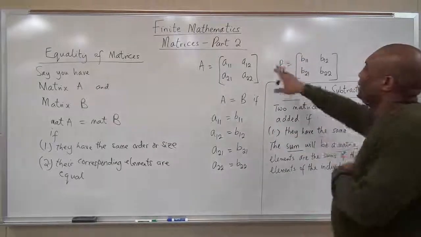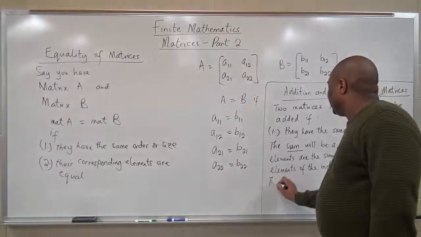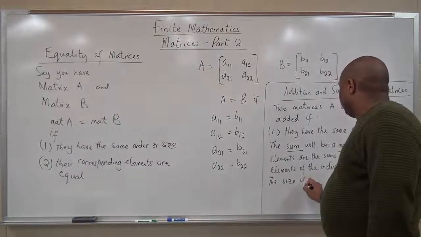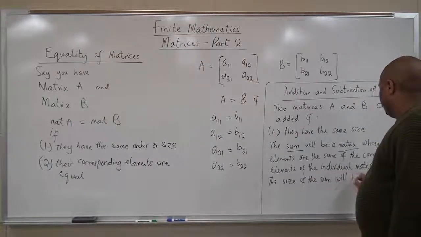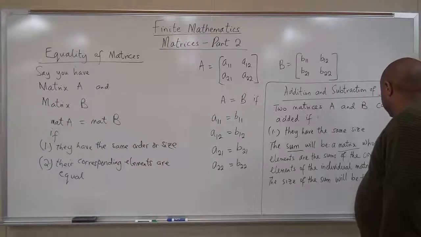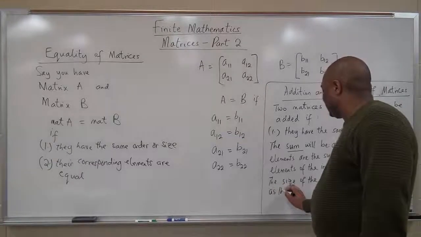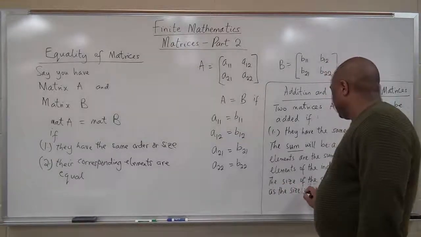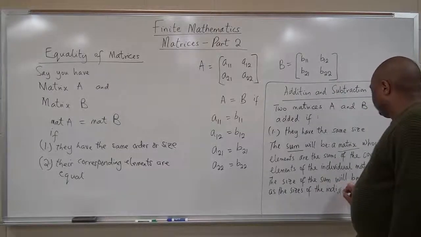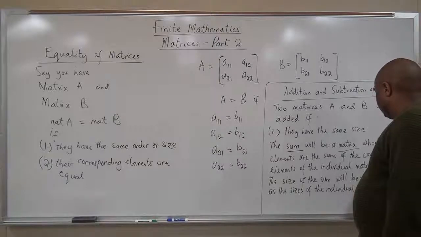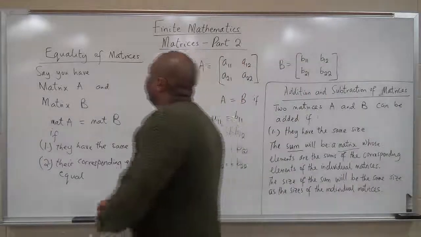The size of the sum will be the same size as the sizes of the individual matrices. So what we are saying is this. Look at what we are saying here.